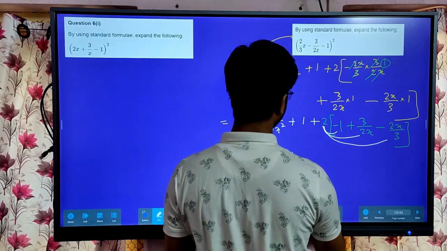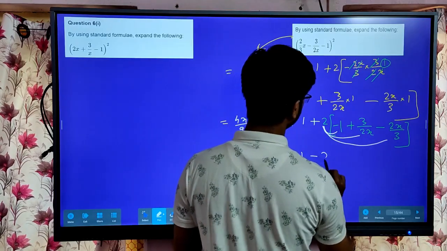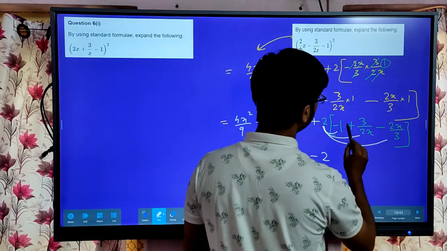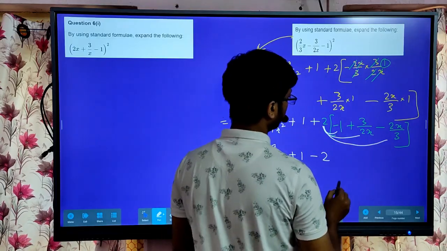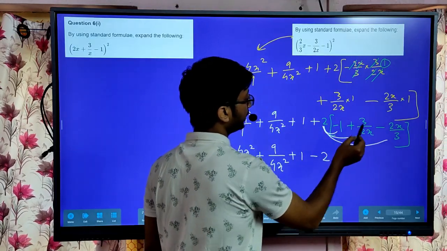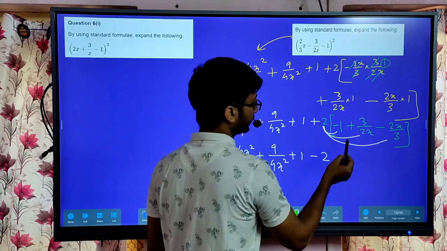So this is plus 1, and 2 into minus 1 is minus 2. 2 into 3 by 2x. So this 2 will get multiplied with 3 by 2x.